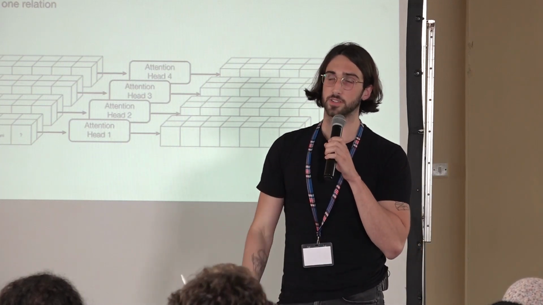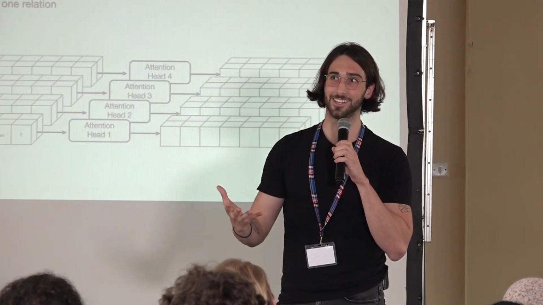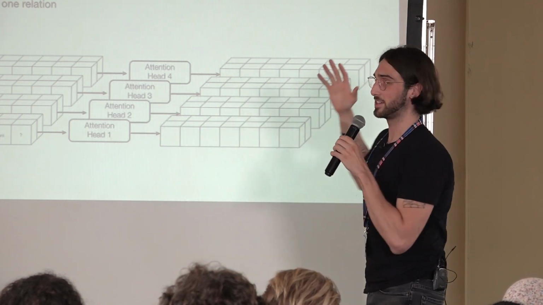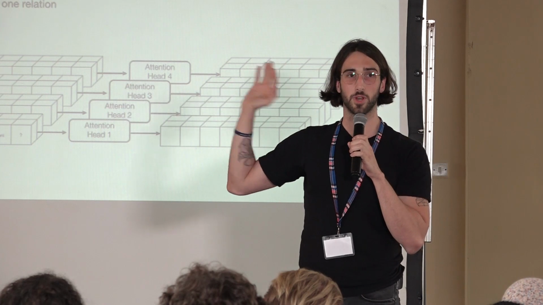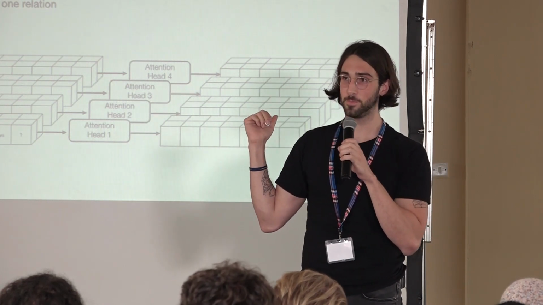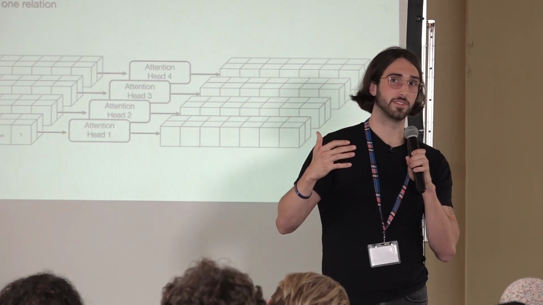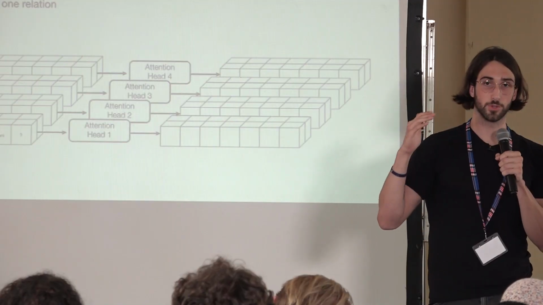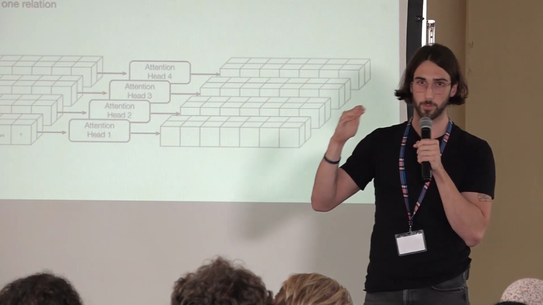And just as an aside, it turns out the multi-headed attention part is probably the most significant part of the transformer paper. A lot of recent experiments have gone into how we scale up these architectures, and what we've seen is that the number of heads almost completely dictates your performance.